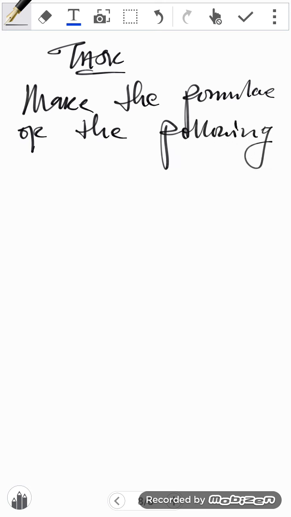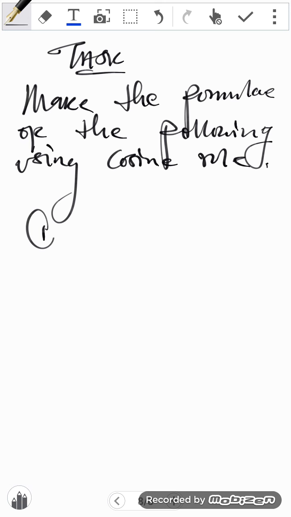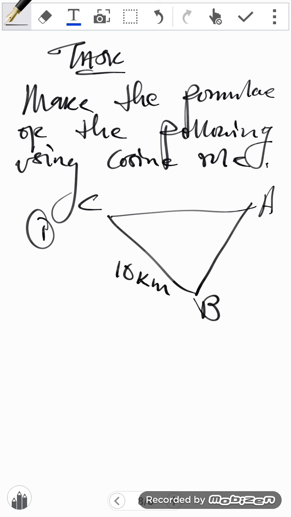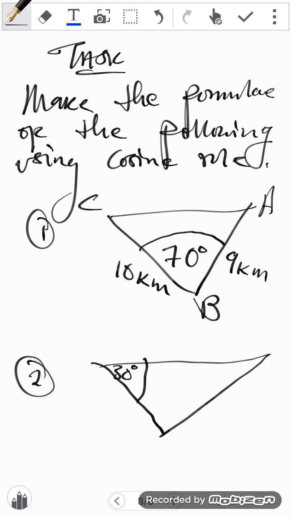Remember, given two sides and an angle at the middle, you're using cosine rule. 30 degrees, X, Y, Z. Yeah, so I just want you to make the formulas for this.